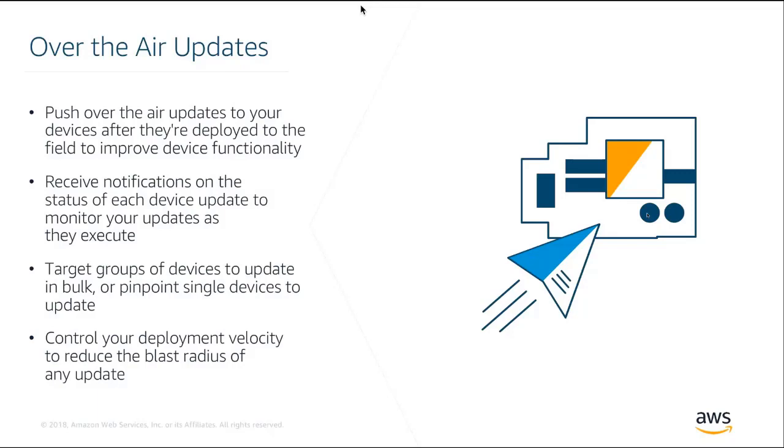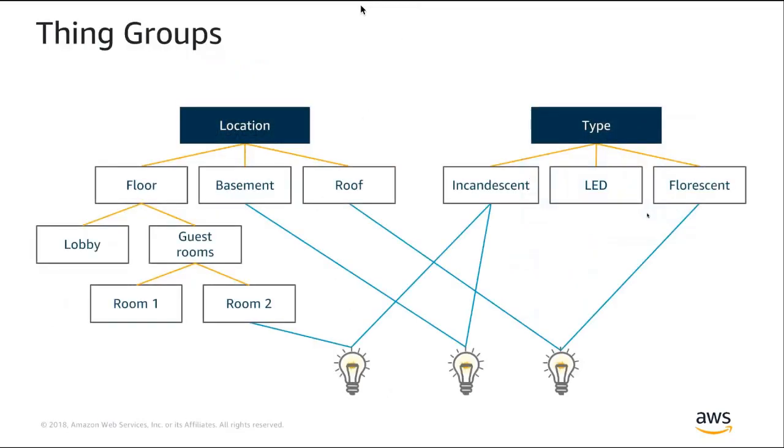To dive into how these features all fit together with device management, let's go into a little more depth about thing groups. This is a part about organizing your devices through device management. With thing groups, you can create a hierarchy that describes different subsets of your devices and the groups that they're in. In this case, I can create a hierarchy of groups that start at a given location.